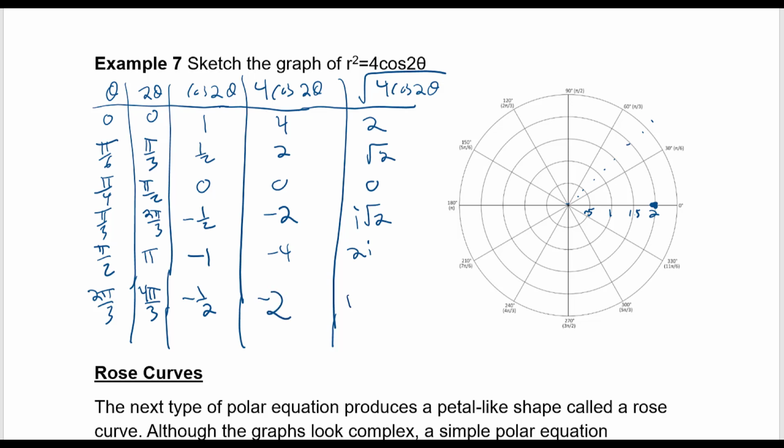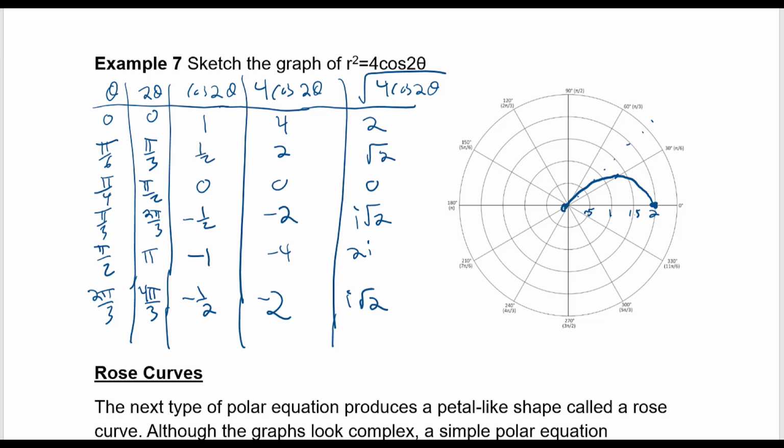So again, we get i times the square root of 2. Okay, so if we plot what we currently have, that one. And then at pi over 6, it was square root of 2, so it's like 1.41. So right about there. Then at pi over 4, it's going to be here. So we have this type of a shape.